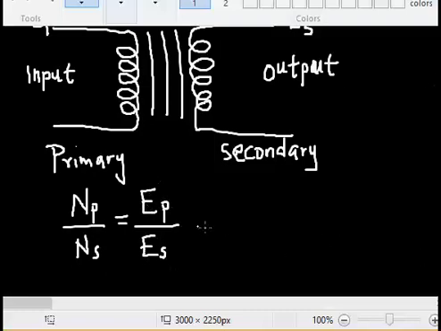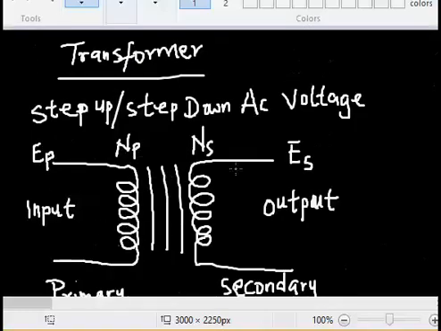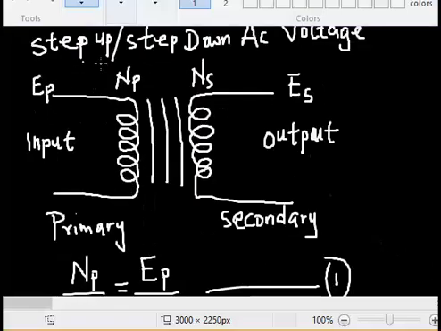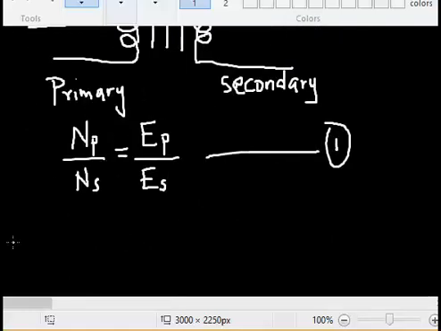It's really very important. Now the question is, how do I know if a transformer is a step up or a step down transformer? A step up transformer will increase the input voltage, and a step down transformer will reduce it, so the output voltage will be less than the input voltage.